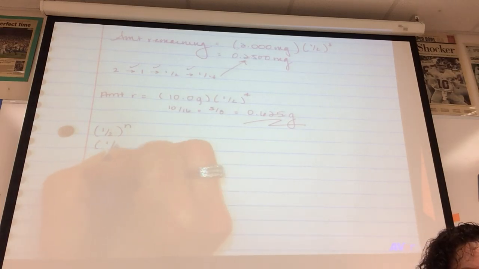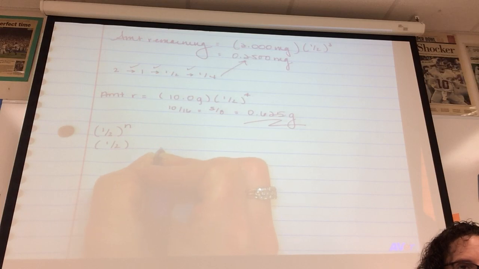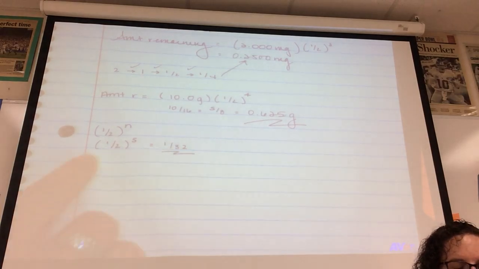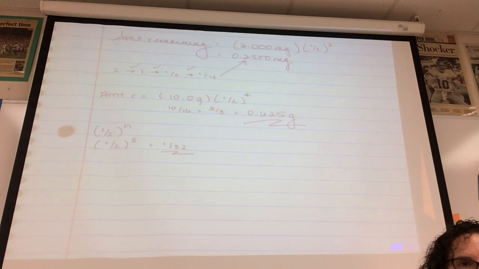So you'd have 1/2 to what power? 5, because you have 10 over 2, and that's equal to 1/32. Just don't make a silly math error. That is not 1/10, and that's why I did your exponents at the beginning.